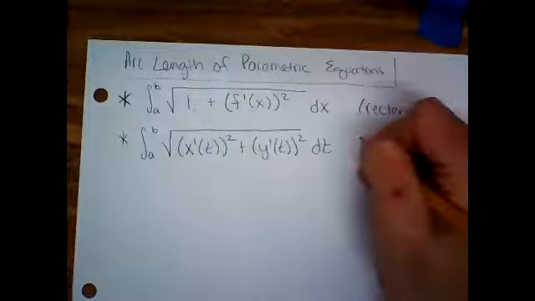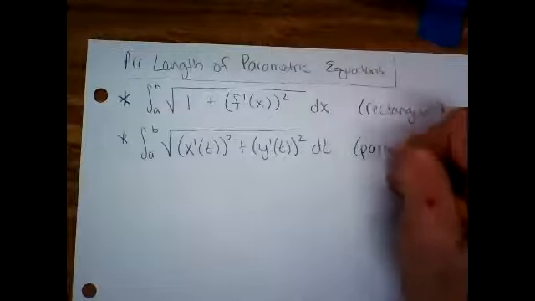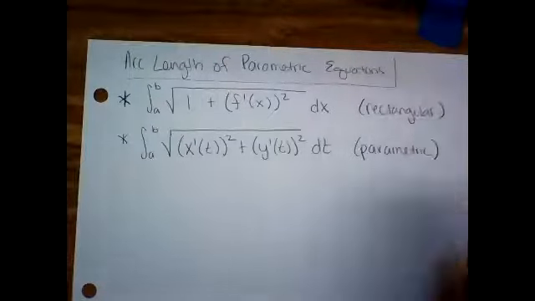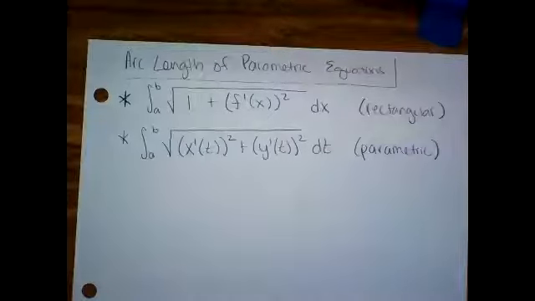So that is your parametric version of the equation. I'm going to let you write it and let it sink in for a second. I just want to talk about how it's not really a brand new equation. You just have both x and y in terms of this parameter t now.